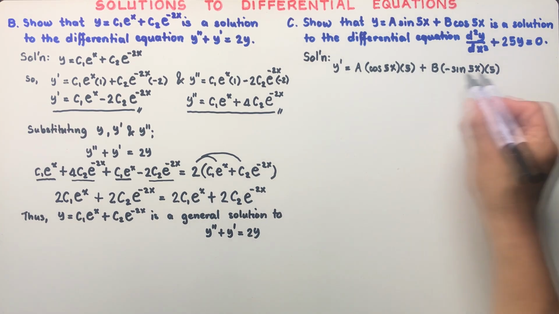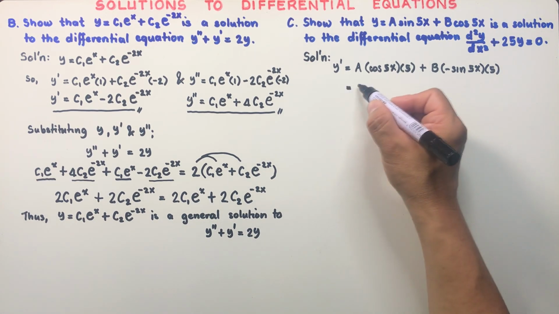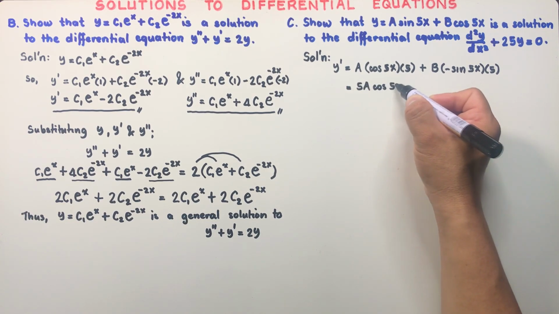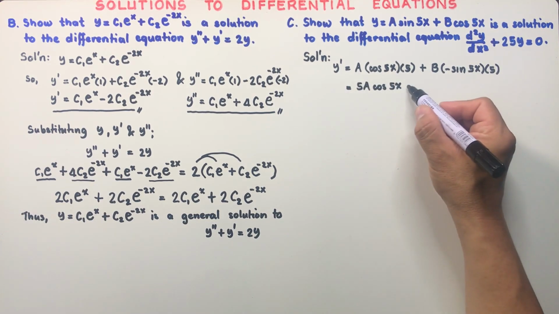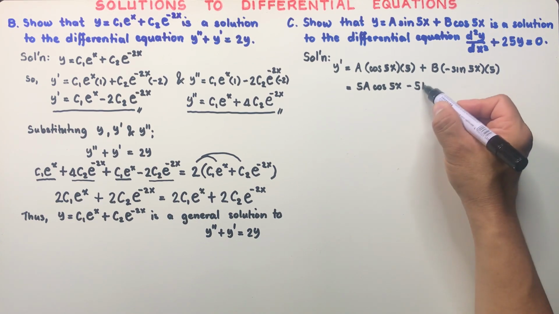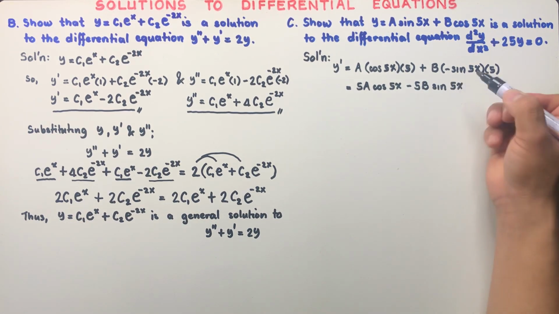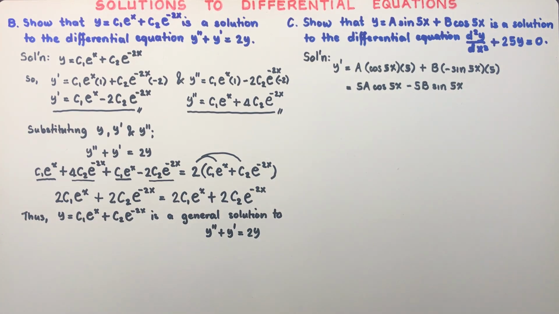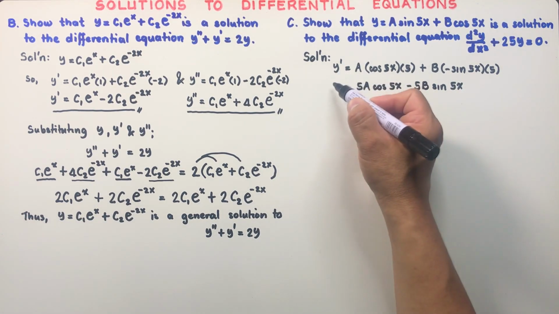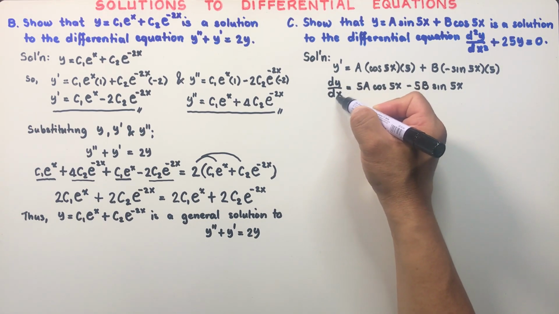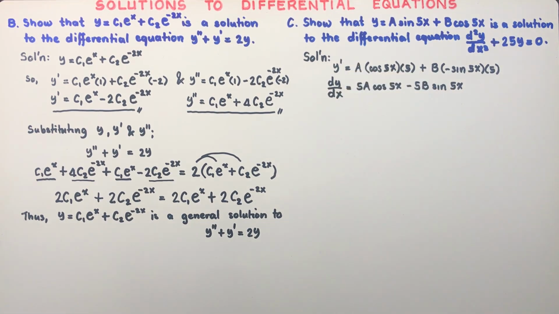So simplifying this one, this is equal to 5a cosine 5x minus 5b times sine 5x, and this is our first derivative. You can write y prime, or you may write dy dx, because these two can be used interchangeably.